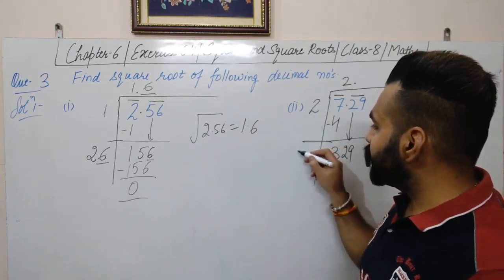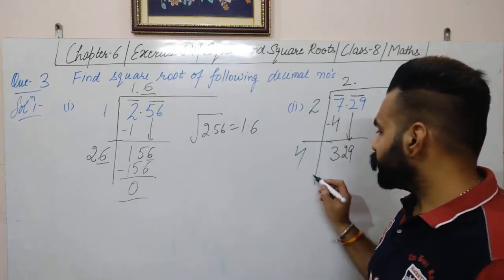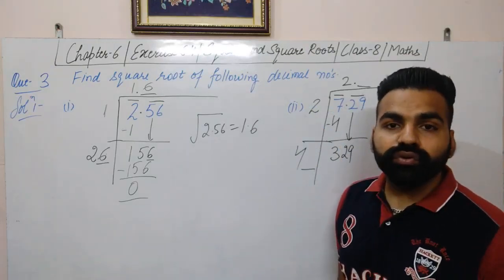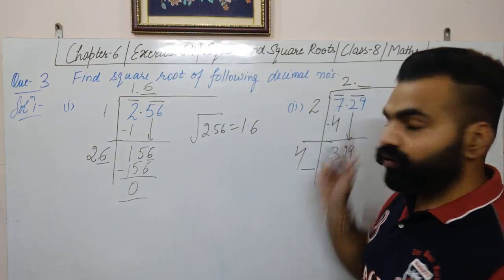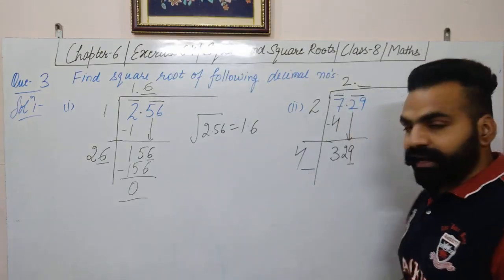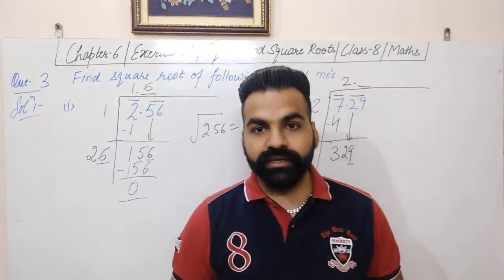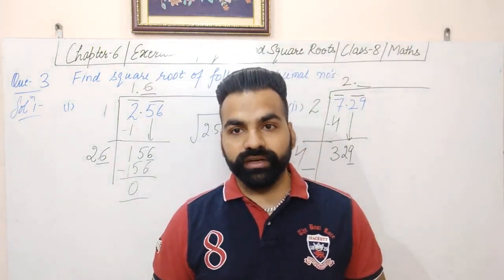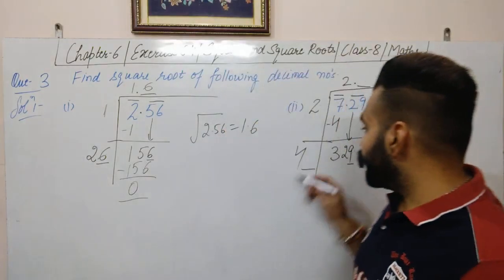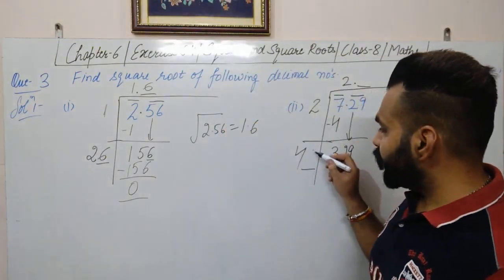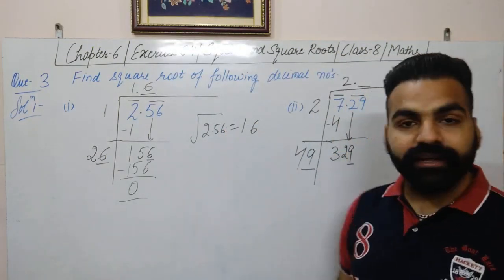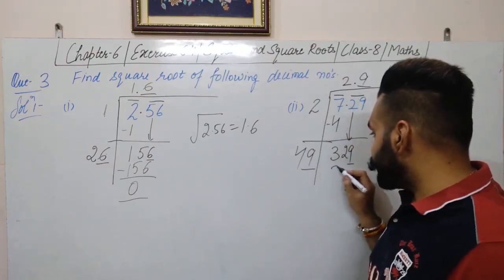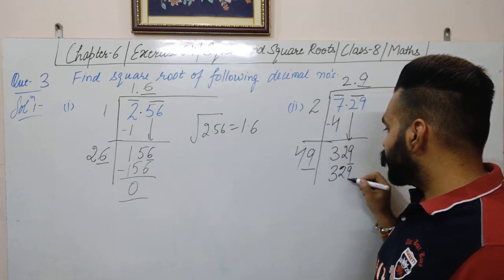Next, this divisor will be doubled here, 4. Put a blank on both sides. Now we have to take a digit here and here also. Now the unit place here is 9, so there are only two possibilities, one is 3 and the other is 9. So we have to check for both 43 and 49. If we take 9 here, we have to take 9 here also, so this will be equal to 441.